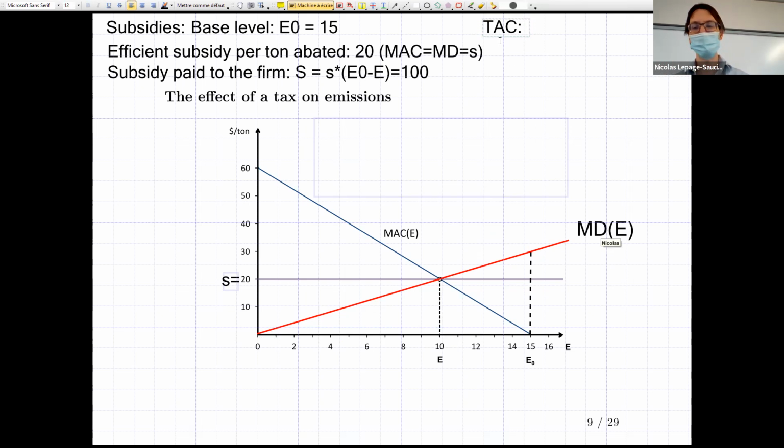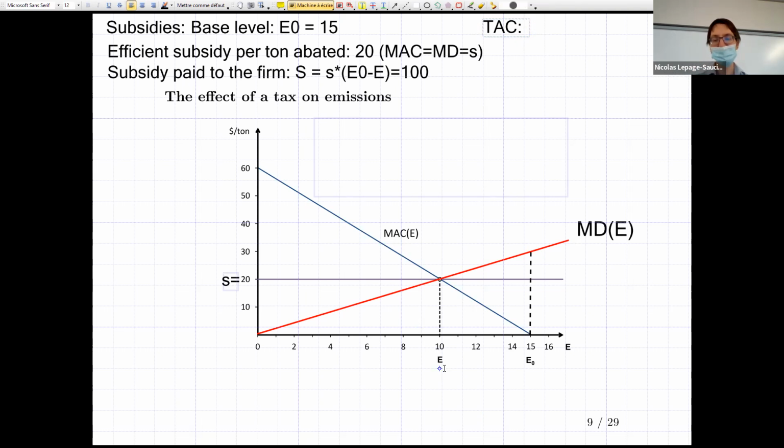So the total abatement cost is how much I had to pay in total to abate my emissions. It's the same as before. Since I abate 10, so should I look at this curve or that curve? The second one, right? Marginal abatement cost.